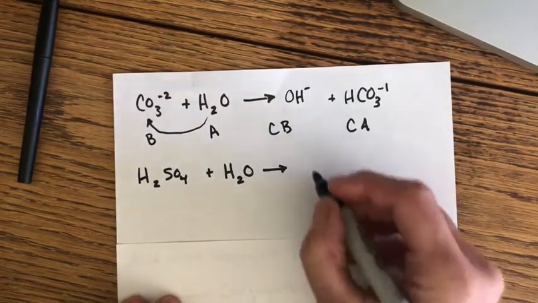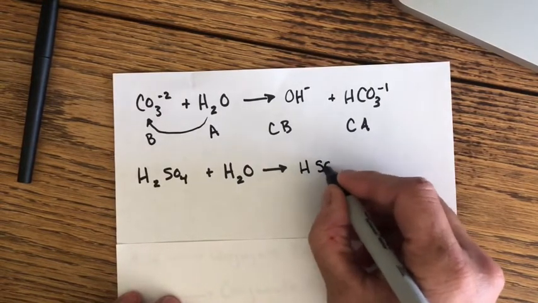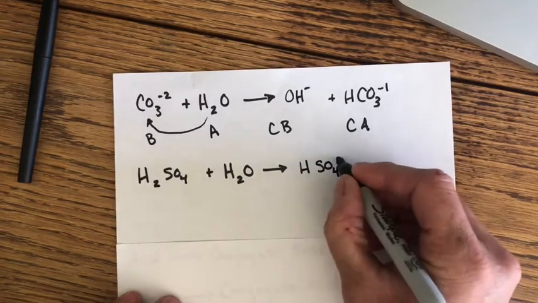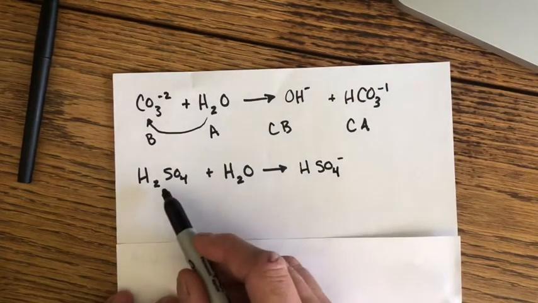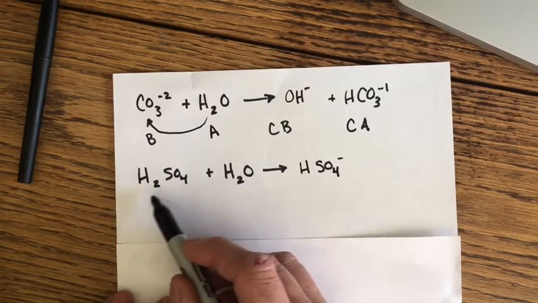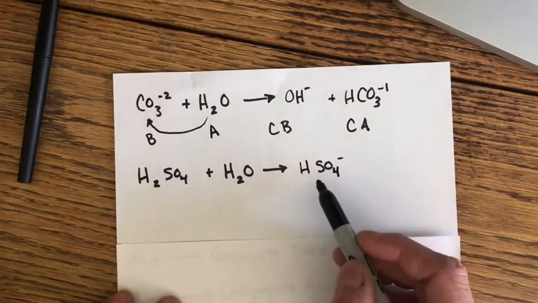So let's pretend that we make HSO4, and that is a negative oxidation state. We can see pretty clearly that H2SO4 has lost a hydrogen to become HSO4.